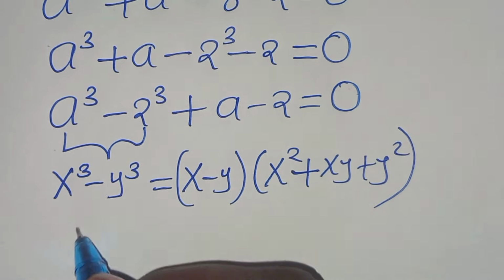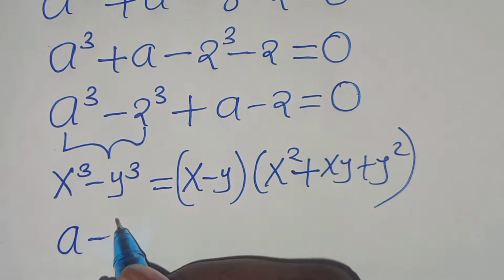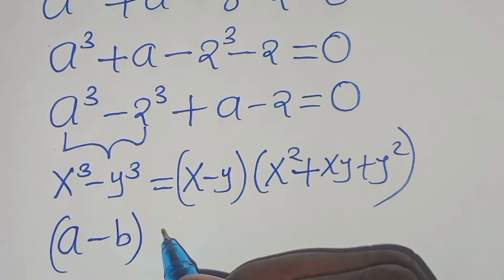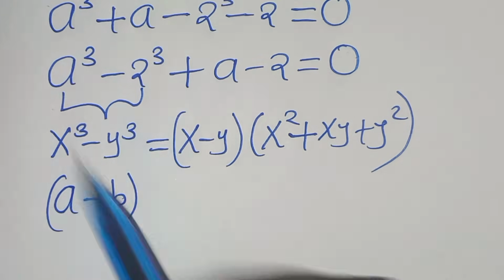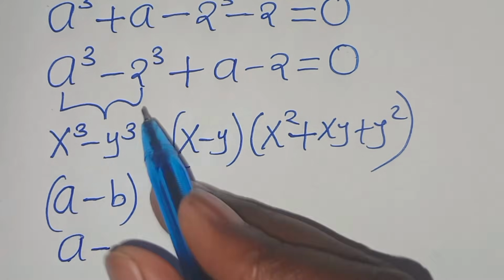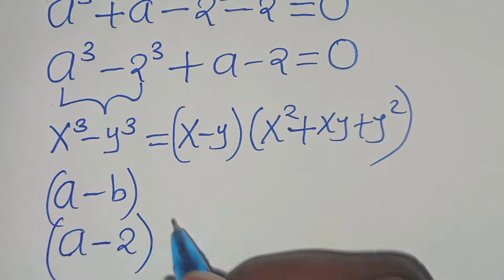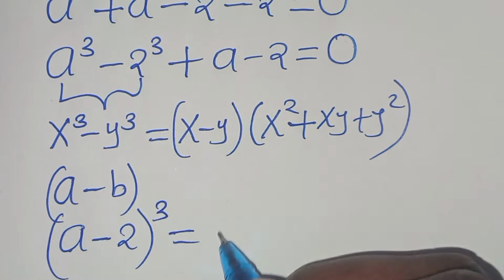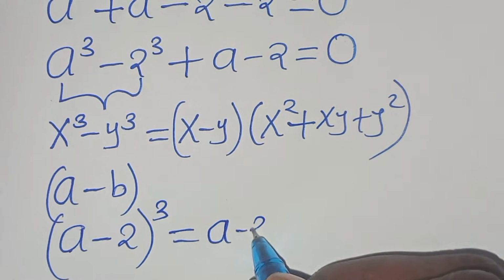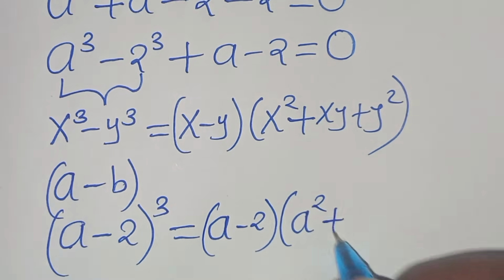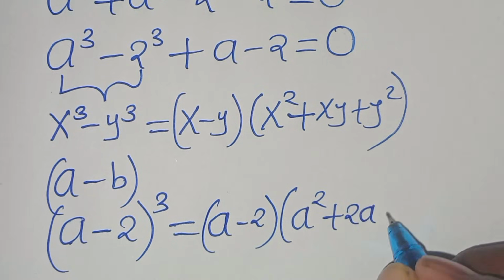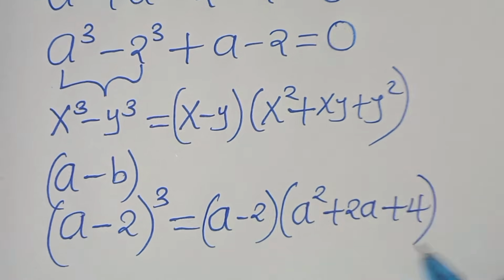Then here we have a minus b. So this is a minus 2 to the power of 3, which we can express as a subtract 2 into the parentheses, a squared plus 2a, then plus 2 squared, which is equal to 4.